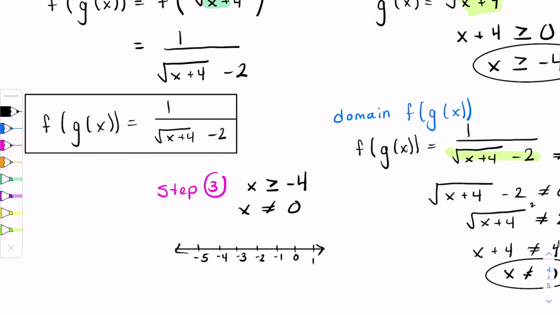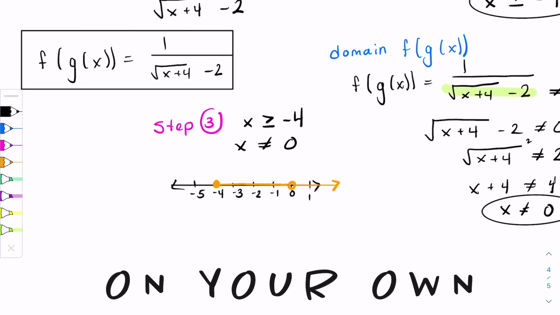We know that x has to be greater than or equal to negative 4, so that would be a solid point at negative 4, but that it cannot equal 0. So it's anything between negative 4 and 0, omit the value 0, and then anything to positive infinity. The domain would be a square bracket from negative 4 to 0 with a round bracket, and a union 0 to positive infinity.